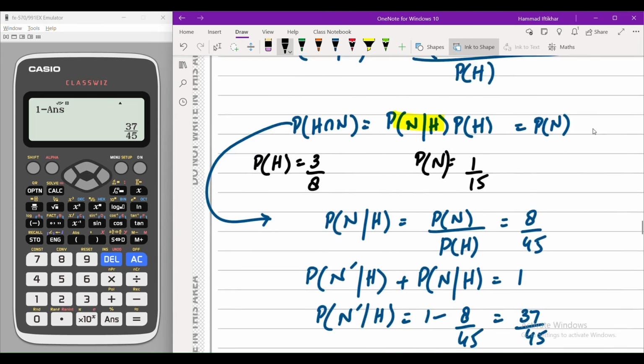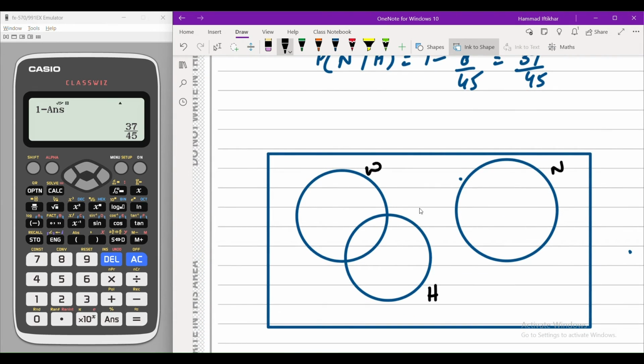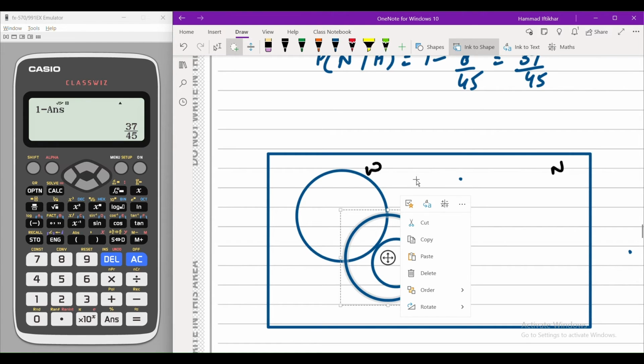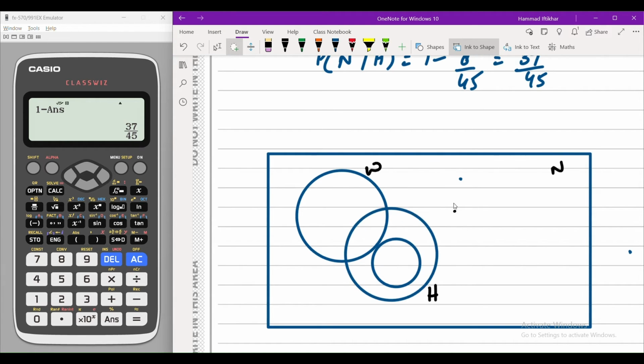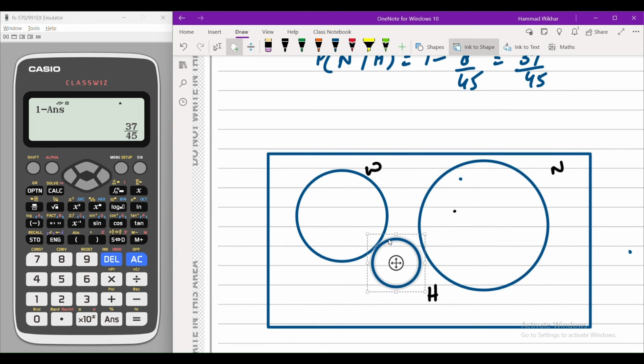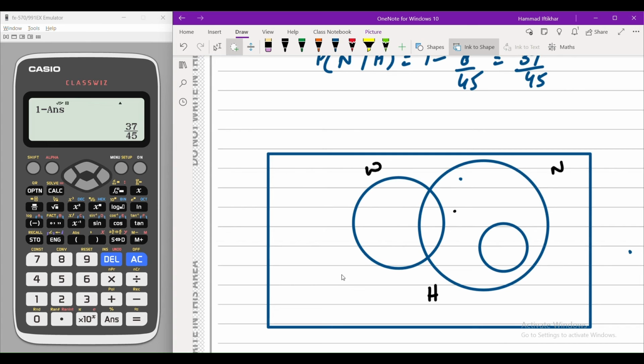So basically N lies in H. If I redraw it bigger, this is H, this is N, and this is W.